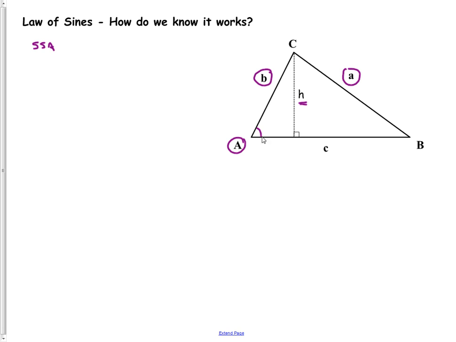Well, if I knew what angle A was, I could tell you right now that the sine of angle A is equal to the length of the opposite side over the hypotenuse, and we just built a right triangle right here in which the opposite side is that altitude h divided by the length of side B. And so if I was interested in finding the length of that altitude, I would find that taking side B and multiplying it by the sine of the angle A would be equal to the length of side h.